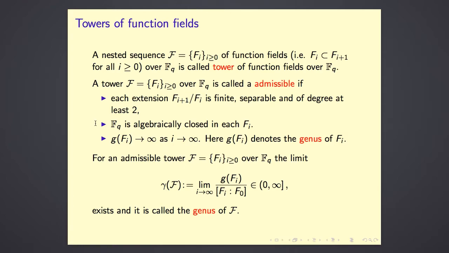We also ask that Fq is algebraically closed in each F_i, and that the genus of F_i goes to infinity as i goes to infinity. So when we have an admissible tower over Fq, we can speak of the genus of the tower, which is just the limit of the genus of F_i divided by the degree of the extension F_i over F_0.